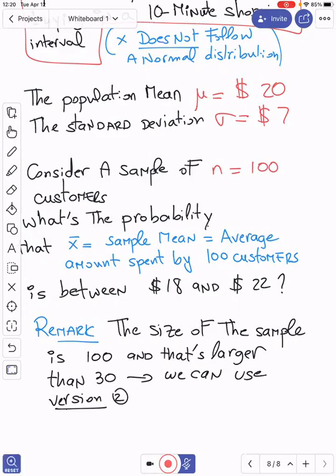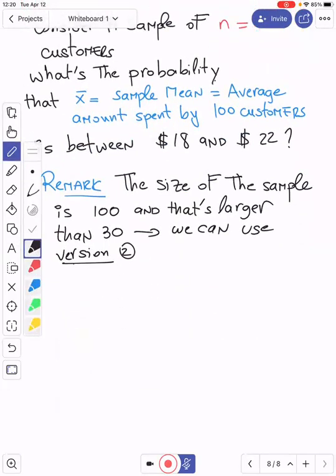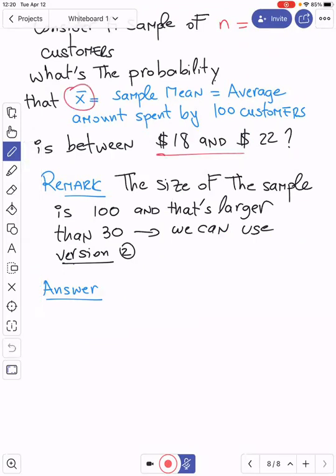All right, so to answer the question, you want to find the probability that X bar is between 18 and 22.